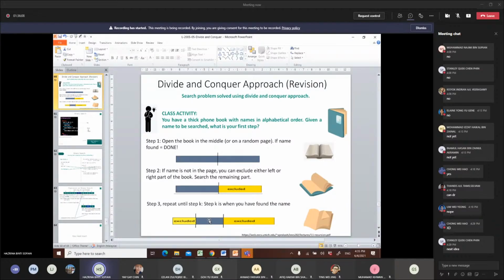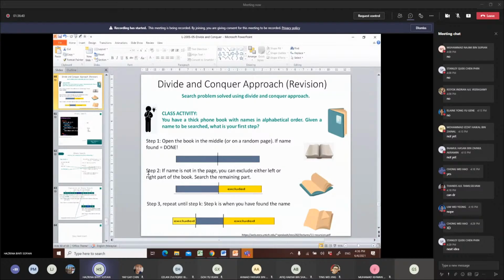In your opinion, how can you improvise this? Because it keeps on dividing into half. It's not necessary that we just need to divide into half. It depends on the situation. That is another thing you can consider.